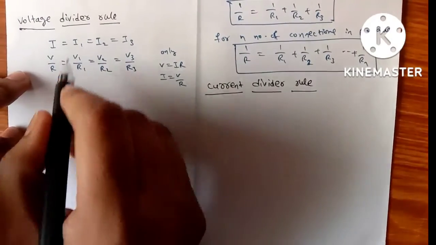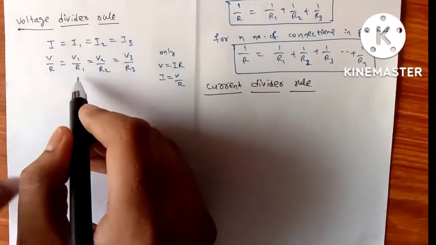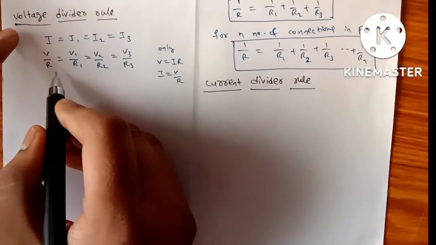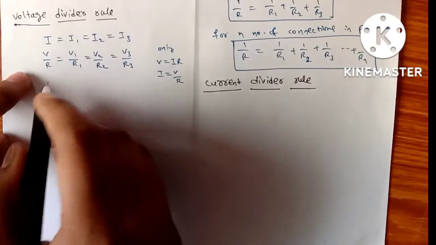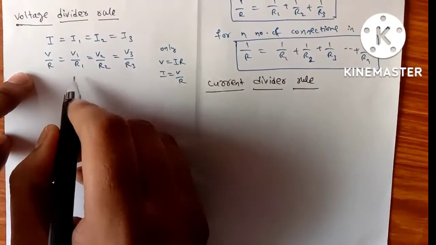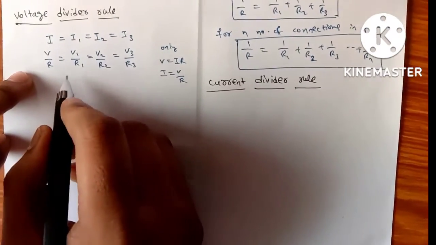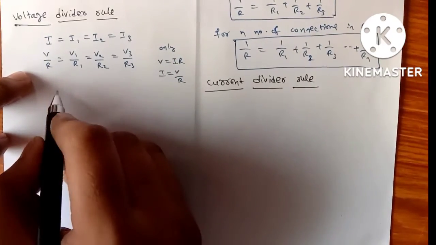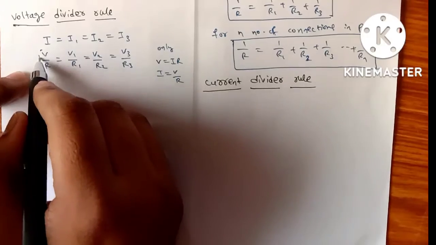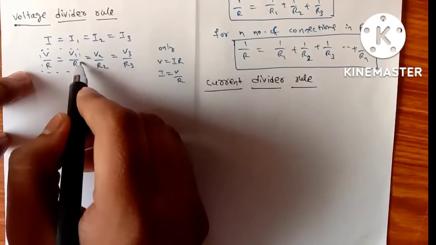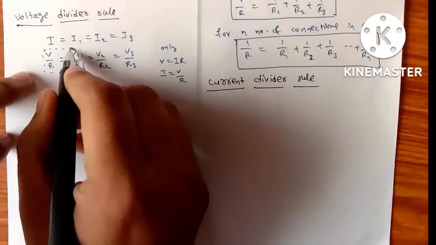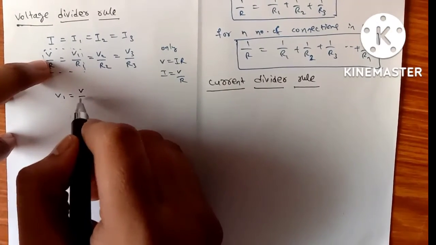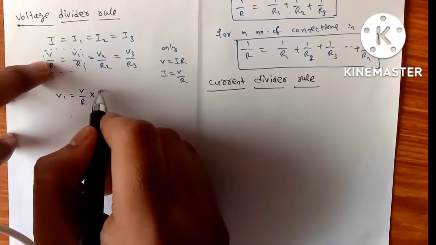Now if we want to calculate the voltage at a particular resistor, then this voltage divider rule is important. If we want to calculate voltage at resistor 1, then we use the above formula: V1 is equal to V by R into R1.